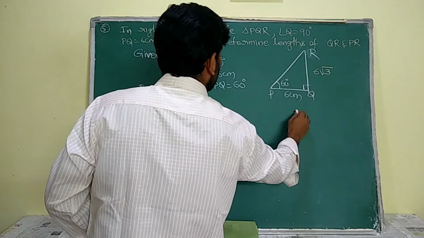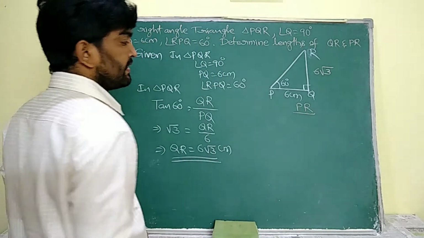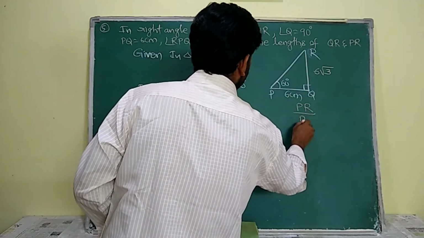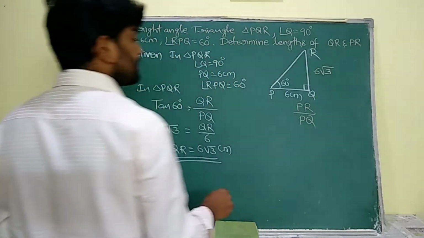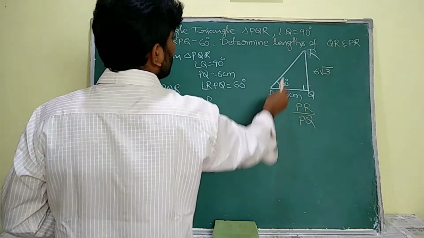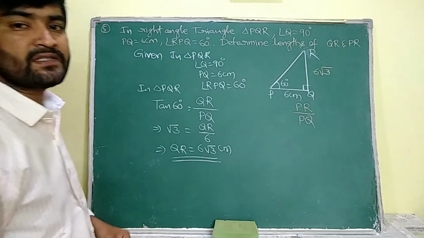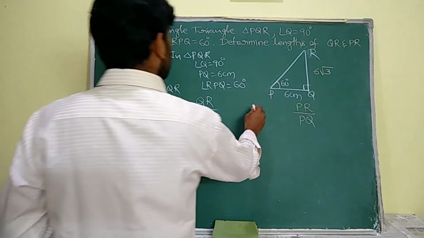Now I want to calculate PR. PR is my required side, and the known side is PQ. With respect to that 60 degrees, PR by PQ means hypotenuse by adjacent side, which always gives secant.